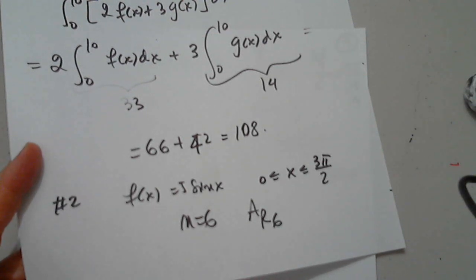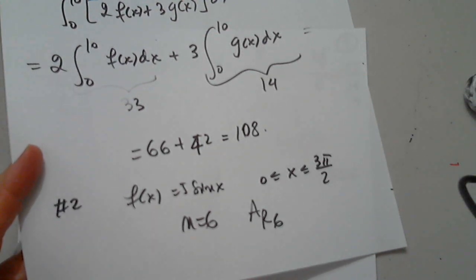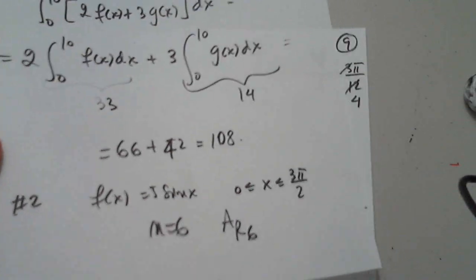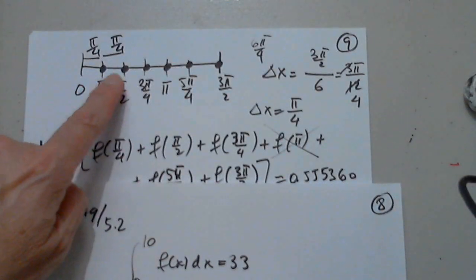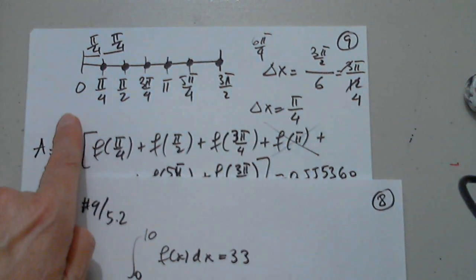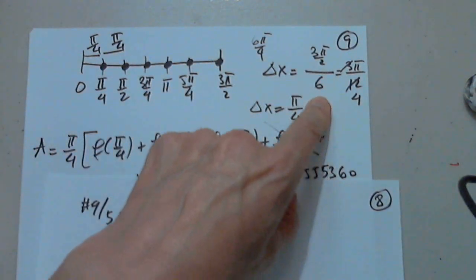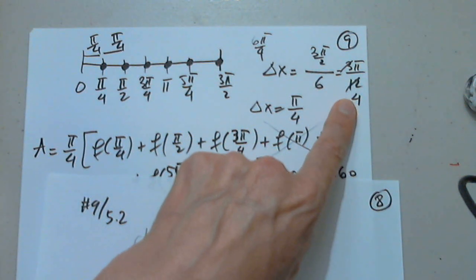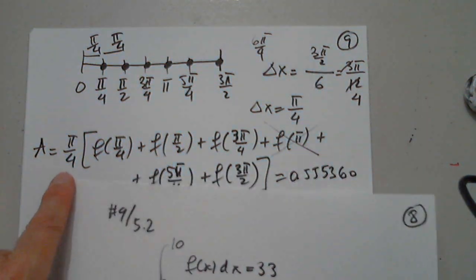And we are using the right endpoints. So from 0 to 3 pi over 2, 3 pi over 2 minus 0 divided by 6. So this is 3 pi over 2 divided by 6, so this is pi over 4 in front.